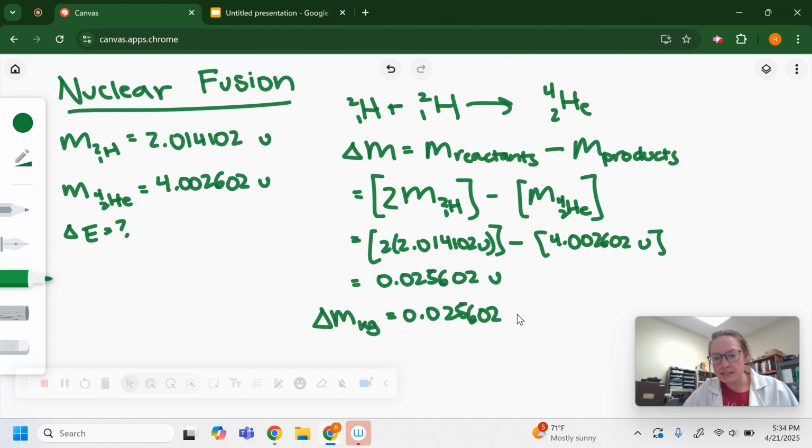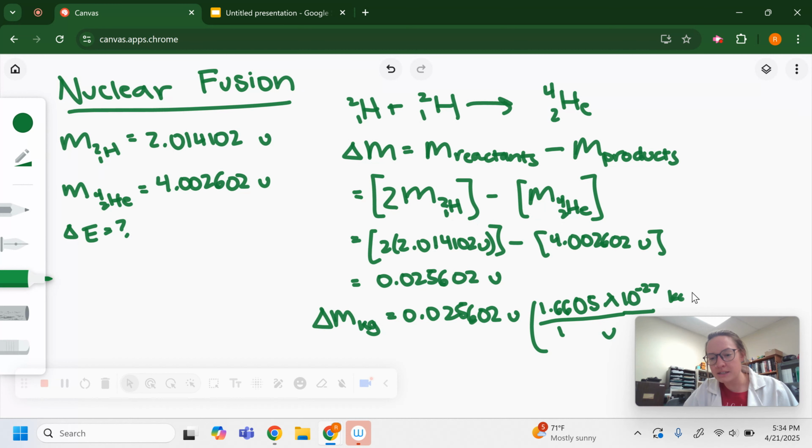So I take the mass that I already have. In my unit conversion, I know that 1 atomic mass unit is equal to 1.6605 times 10 to the negative 27th kilograms.